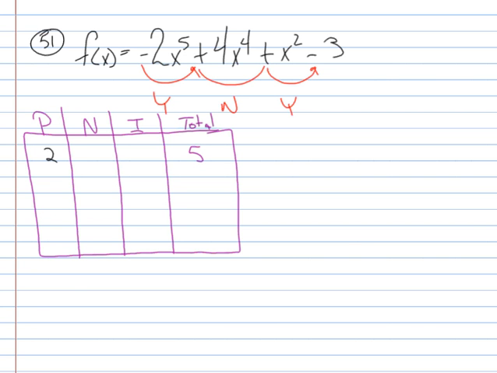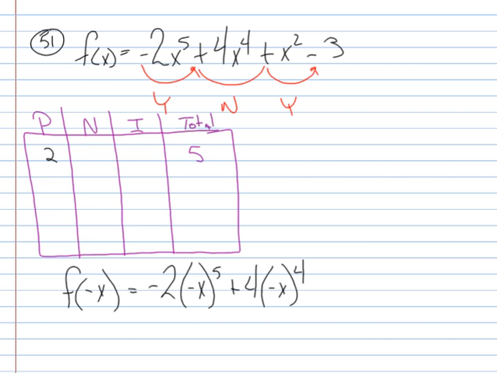So for my negative ones, I'm going to plug a negative x into the problem. So I have negative 2 times negative x to the 5th power, plus 4 times negative x to the 4th power, plus negative x to the 2nd power, minus 3. So I've got to simplify each of these.